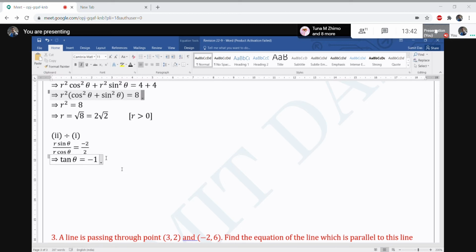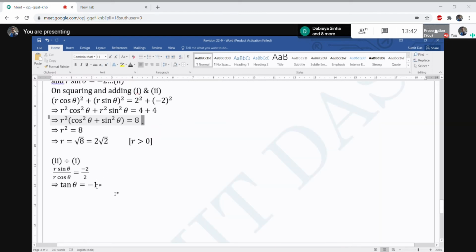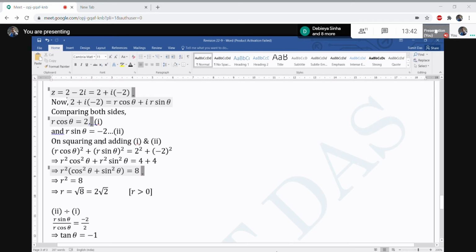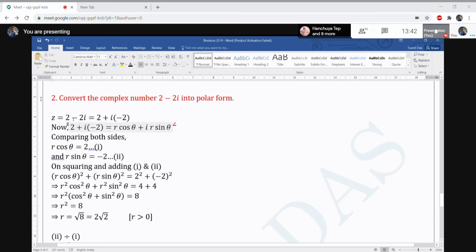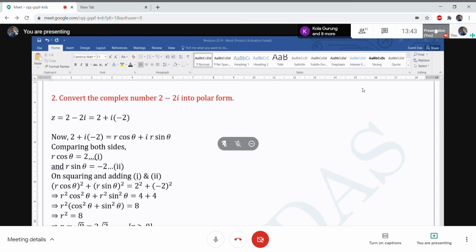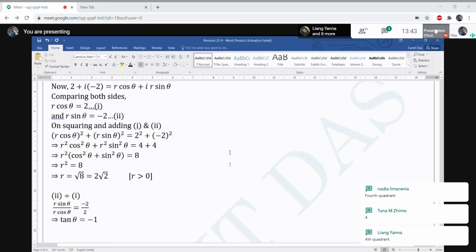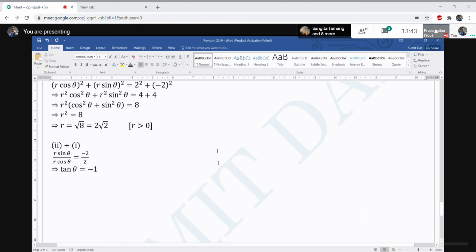Before proceeding to next, can anyone tell me in which quadrant this 2 minus 2i is lying? In which quadrant is the complex number z lying? We took z equal to this, right? Let me know in which quadrant it is falling. Yes, fourth quadrant. In the fourth quadrant, is tan negative or positive?